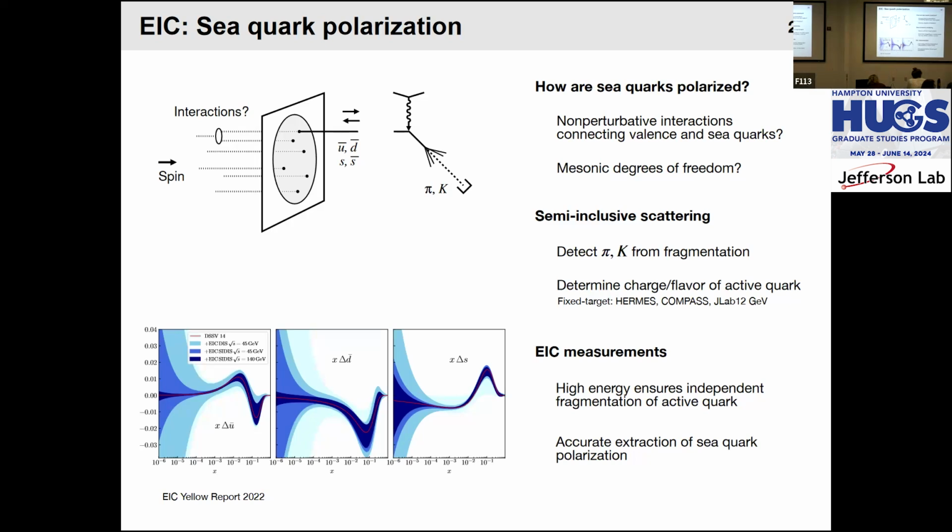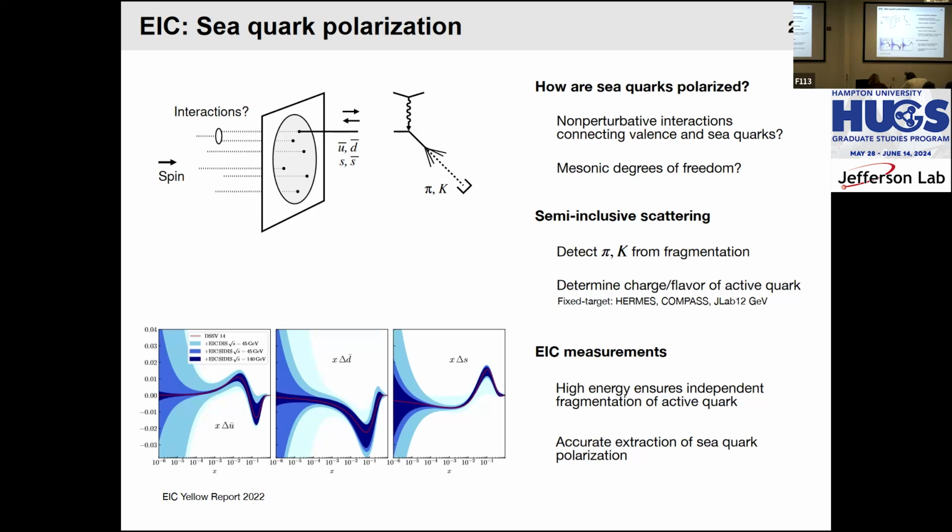And what we're using here in particular is the fact that the high energy of the collision ensures that the fragmentation of the struck quark happens independently from the evolution of the remnant of the target. Such semi-inclusive measurements are also done at Jefferson Lab, but there the produced system and the target remnant are not very separate.